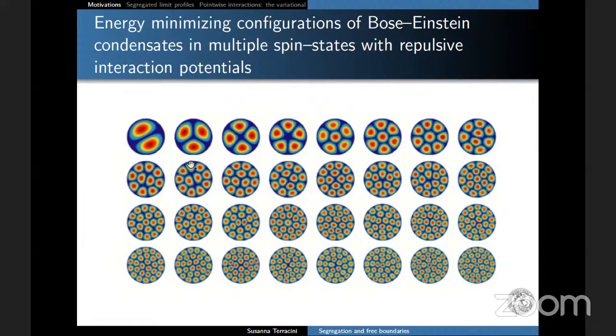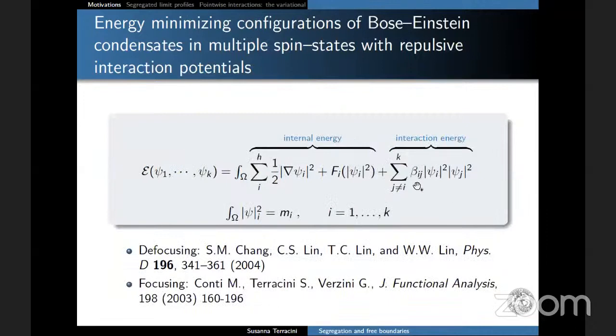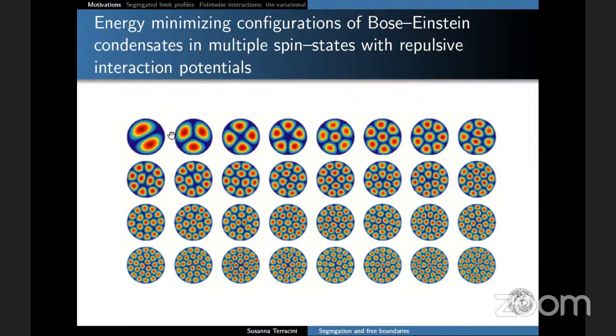Okay, so this is a picture of the moduli of the wave functions, a joint plot with 2 components, 3 components, and so on.